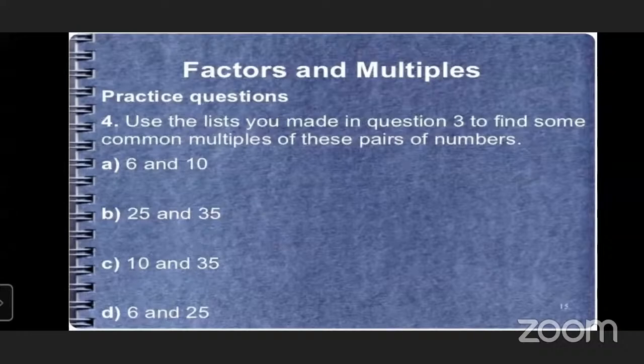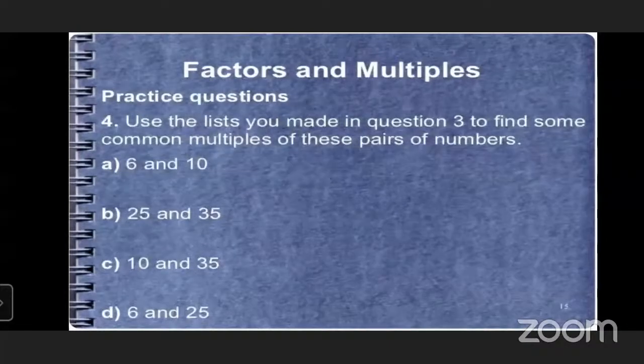Now, the multiples that we have made, and in this question, we have made a pair of numbers. What you have to do is, you have to write the multiples of these pairs of numbers. Means the multiples of 6 and 10.